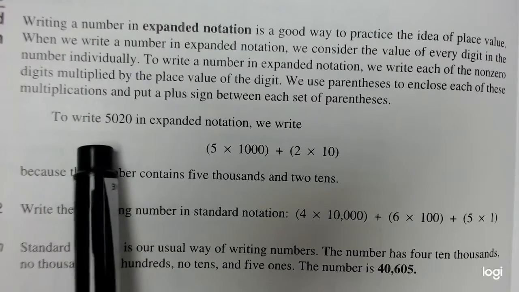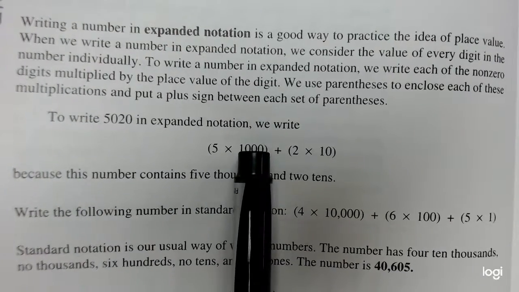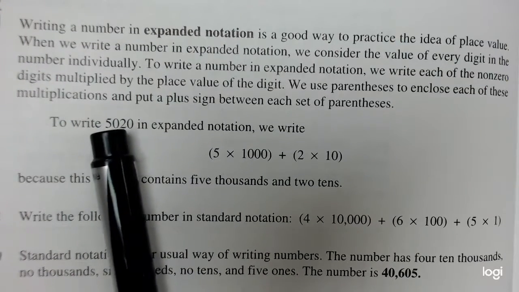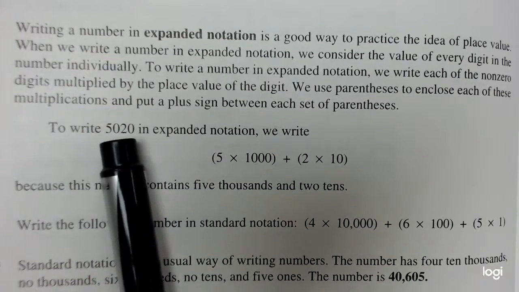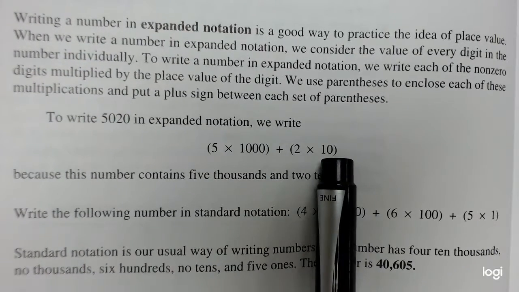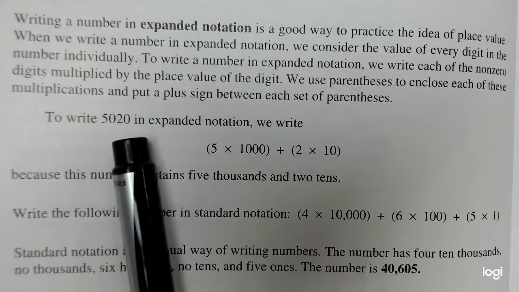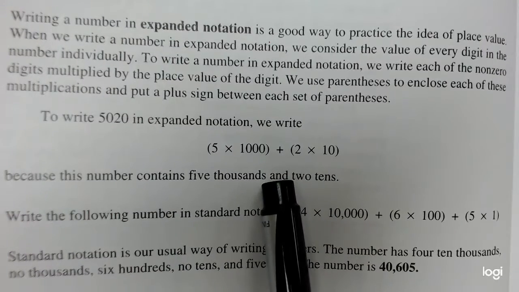Since this 5 is in the thousands place, we turn that into parentheses 5 times 1,000, and then a closing parenthesis. The next number is a 0, so there's nothing for the hundreds place. Then we go to the 2, which is in the tens place, and we write that as parentheses 2 times 10. Then the 0 in the ones place has no value because of the 0, and that's how we would write expanded notation.